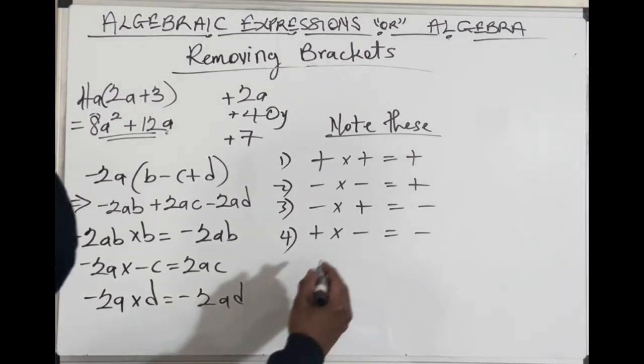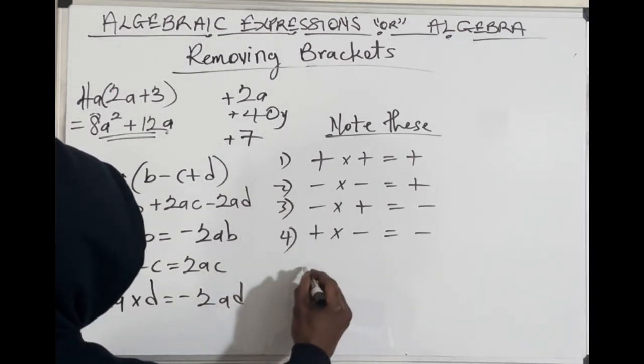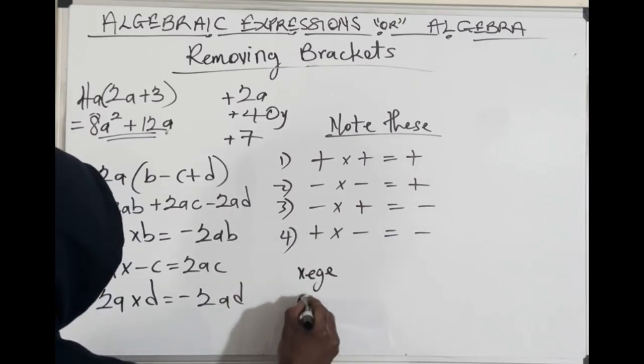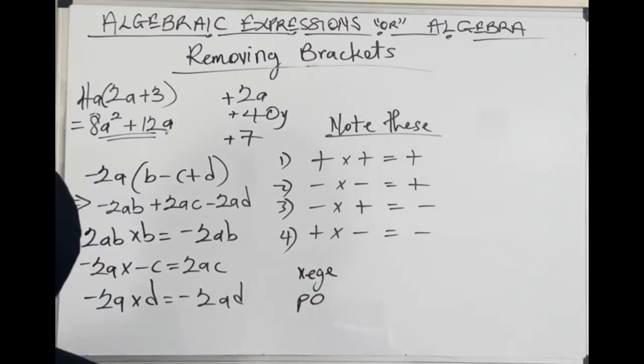Negative is shortened as nege, then positive is shortened as po. It'll sound funny until you need it. So let's try to imitate it if you can and if you are willing to.